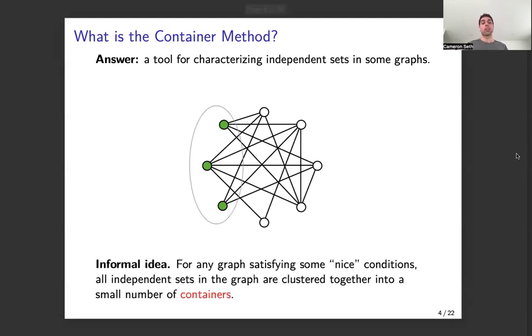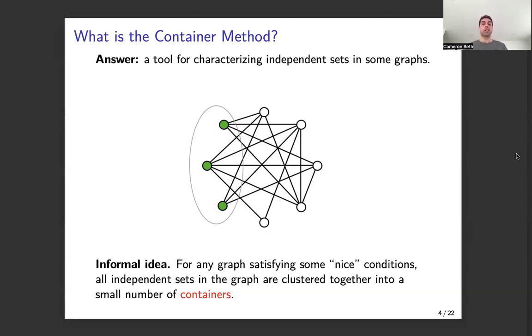And the container method roughly says that for any graph satisfying some nice conditions, which I'll talk about in a minute, all independent sets in the graph are clustered together into a small number of containers. So in particular, there could be many independent sets, but they are somehow clustered into these containers such that the number of containers is small and the containers themselves are small.